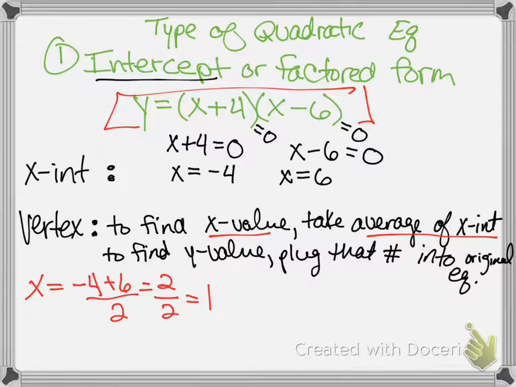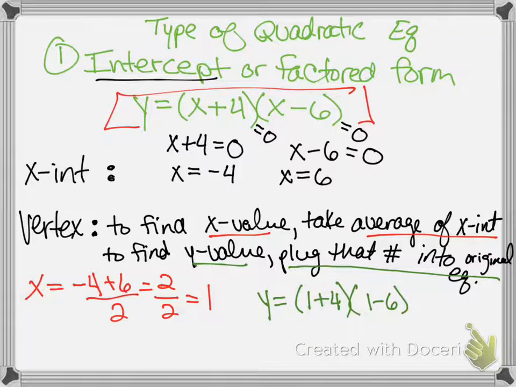Now what I'm going to do is find the y value. I'm going to take the number that I just found, that 1, and plug it back into my original equation. So everywhere I see an x, I'm going to plug in a 1. So I have 1 plus 4 and 1 minus 6. Now all I have to do is simplify my two groups. 1 plus 4 is 5. 1 minus 6 is negative 5.